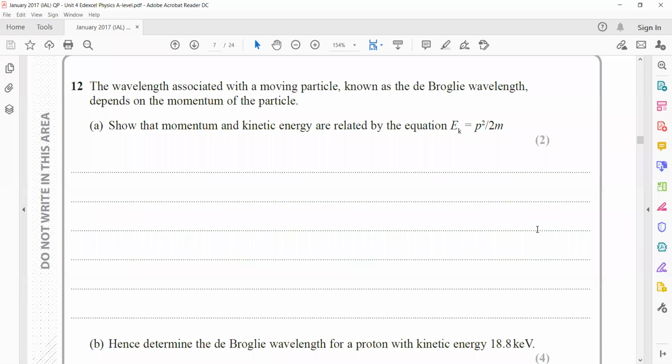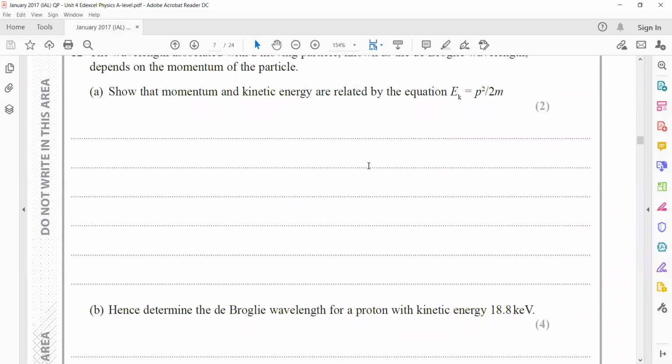The wavelength associated with a moving particle, known as de Broglie's wavelength, depends on the momentum of the particle. Show that the momentum and kinetic energy are related by the equation Ek equals p squared over 2m. So momentum is a product of mass and velocity, and kinetic energy Ek is equal to half mv squared.